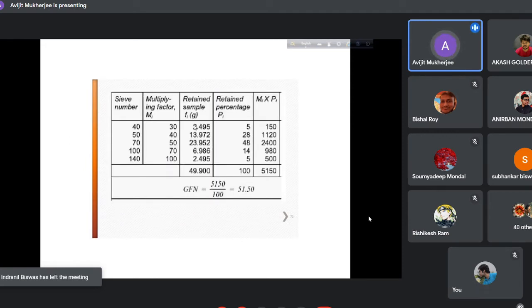We should convert it into a percentage basis. So out of 100, you multiply this by 2, so 5, 28, and so on, approximately. Or you may take the exact value, no problem.